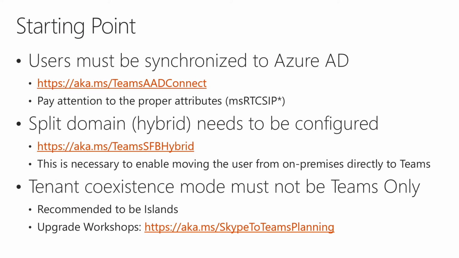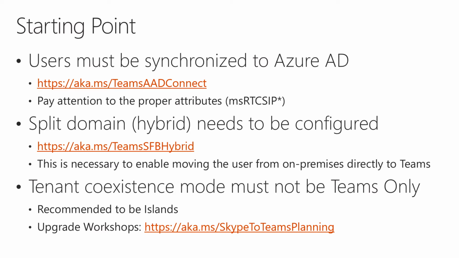Now, as a starting point, there's a couple of prerequisites that need to be met before we can actually do the migration itself. First and foremost, we have to synchronize our on-premises users to Azure Active Directory. You can see the aka.ms link that we have on the slide at the top talks about how to set up the synchronization between your on-premises Active Directory and Azure Active Directory.